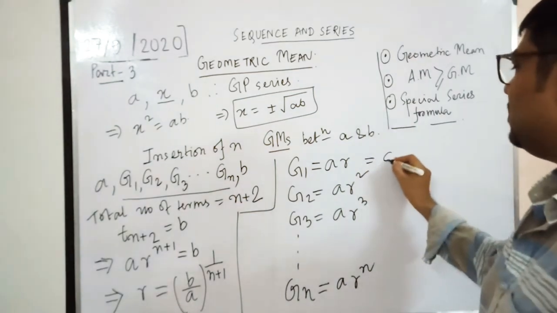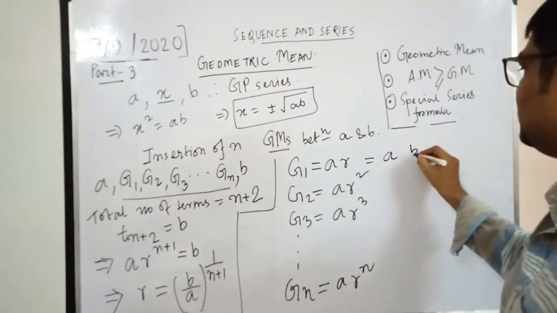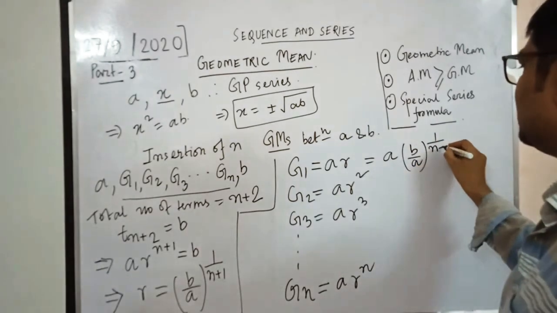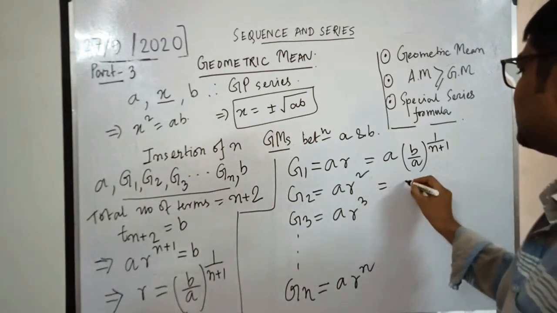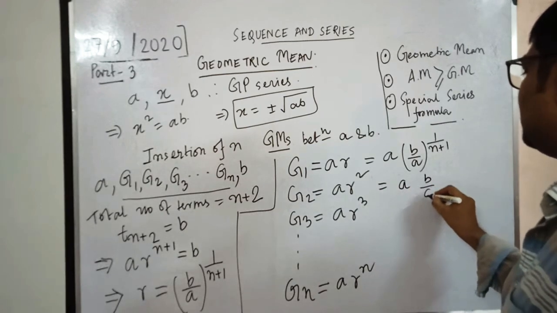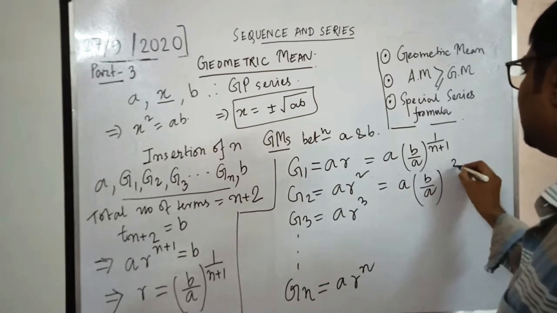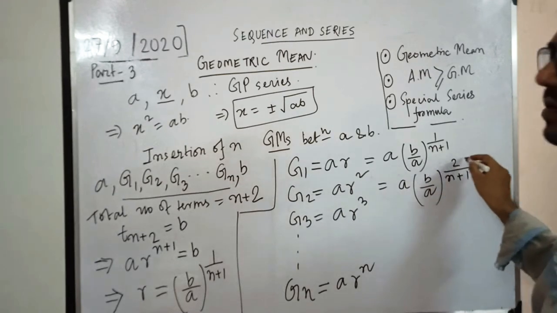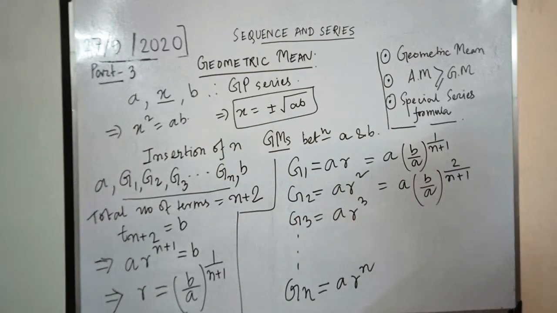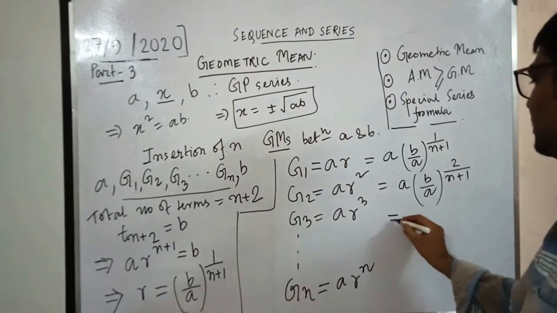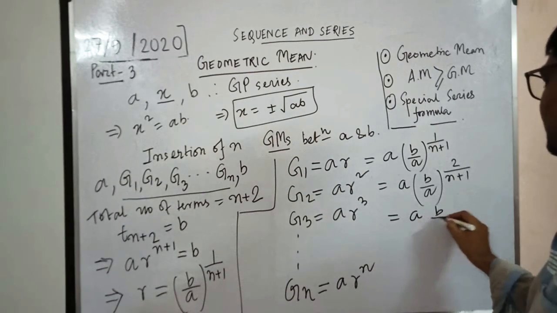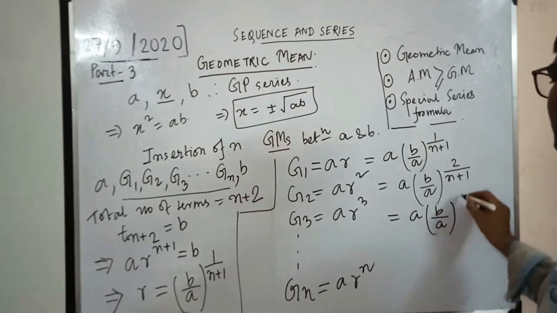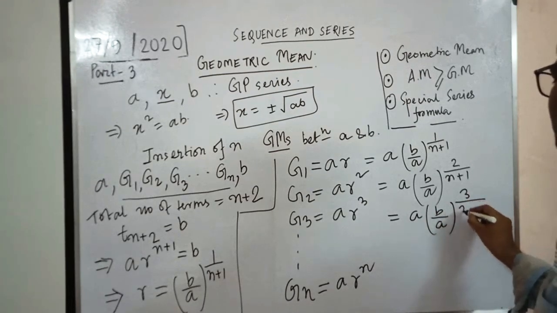So what you are doing? g1 is a into b by a to the power 1 by n plus 1. g2 is a into b by a to the power 2 by n plus 1, the powers are multiplied, you know. g3 is b by a to the power 3 by n plus 1.